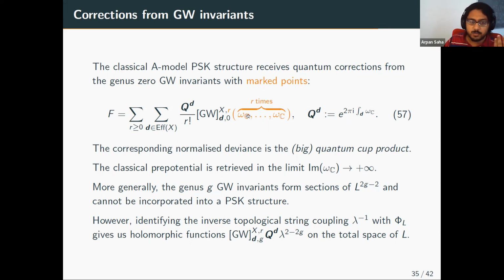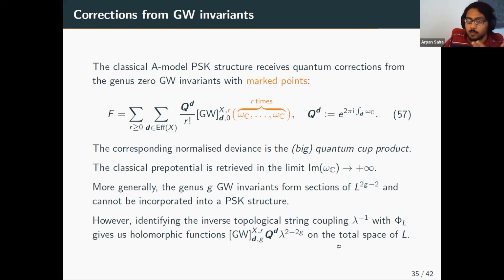Okay, so you might ask, what about the higher genus GW invariants? Well, they form sections not of L star squared, which is where the prepotential lives, but of L raised to 2g minus 2. And so they can't be incorporated into the PSK structure.